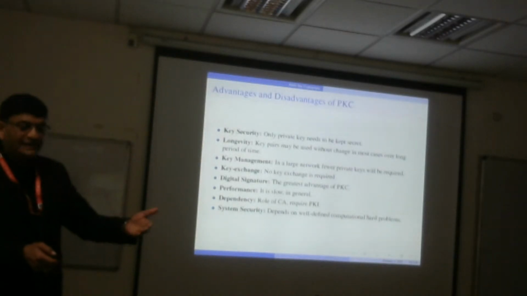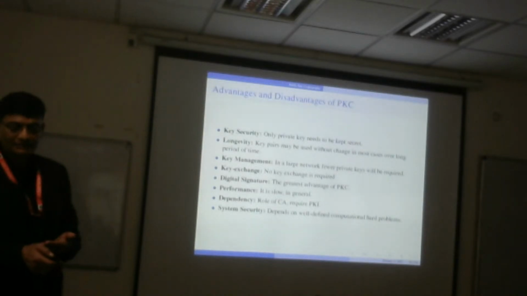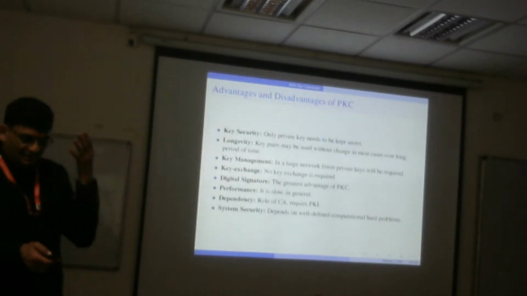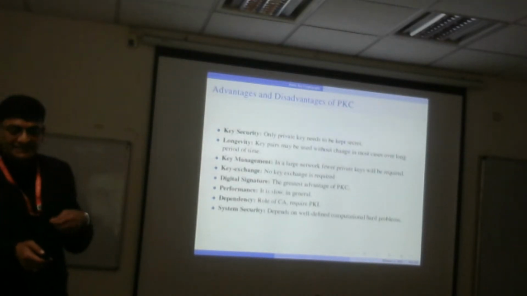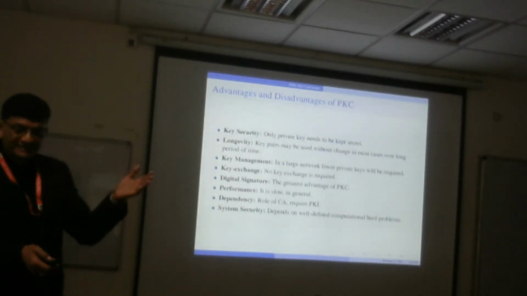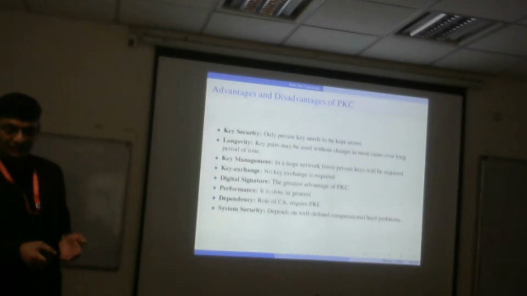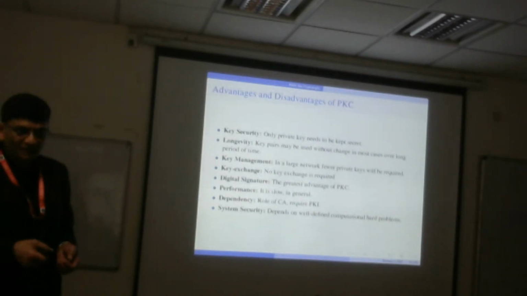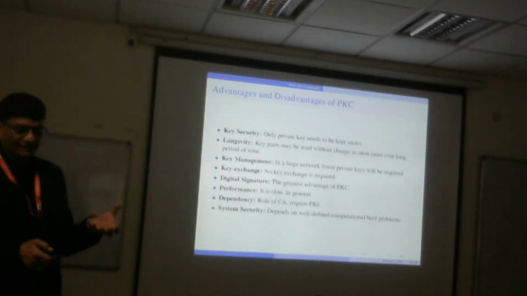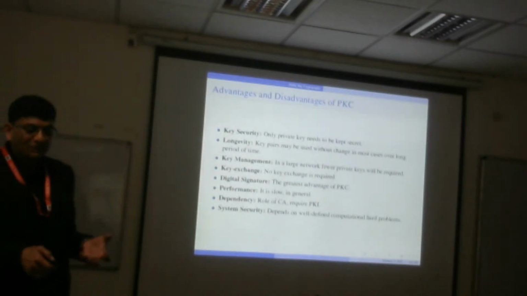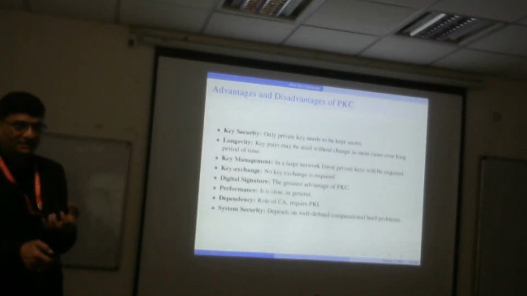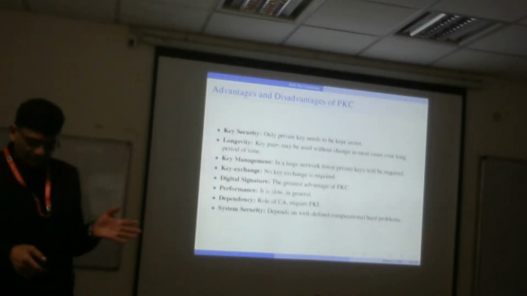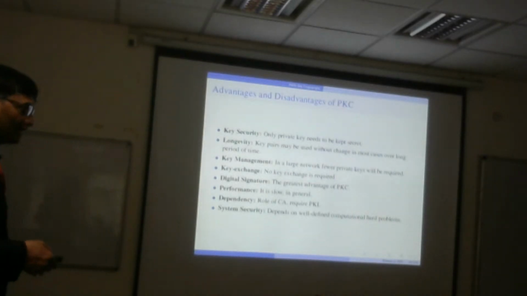Take AES, the Advanced Encryption Standard algorithm. Suppose you want to encrypt a 128-bit message. The complexity is linear in 128 bits, so you can check manually how many operations are required to encrypt 128 bits at a time. But in this particular case, like RSA or other cases, we have to do exponential operations, whose time complexity is cubic, which I will discuss a little bit. That is why this is slightly slow.